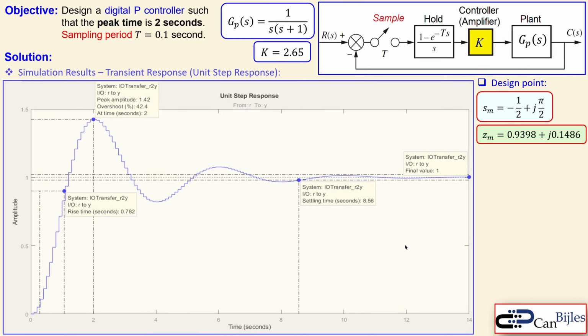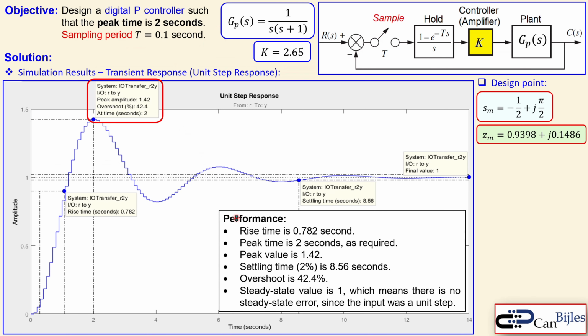Now when I look at the simulation results for the transient response, which is the unit step response, you see this is really a discrete time system. It is sampling, not a continuous system response. You see here the value of the peak time, which is 2 seconds, and that's actually what we wanted, so this is indeed correct.